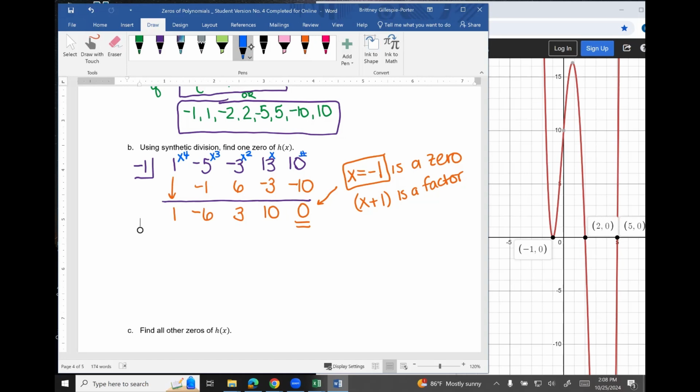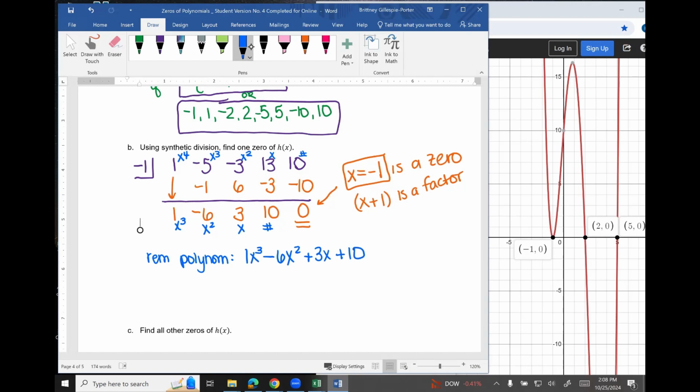Going down 1, because we were dividing the factor x plus 1 out, we're going to have x to the 3rd, x squared, x, and then a number. So our remainder polynomial is going to be 1x cubed minus 6x squared plus 3x plus 10.